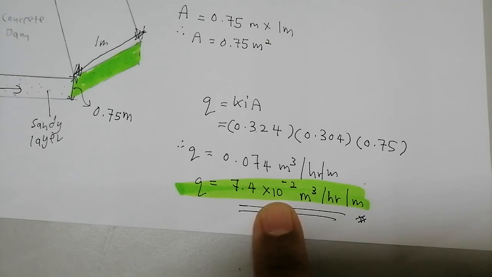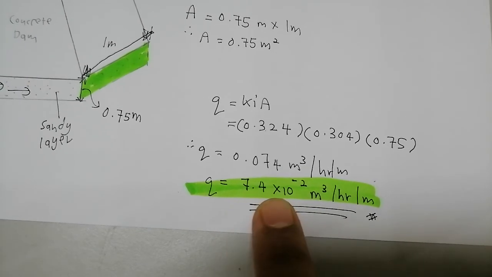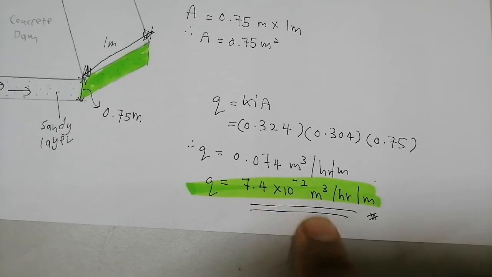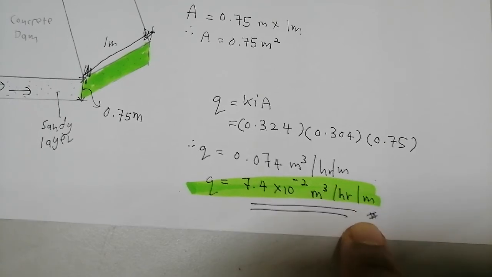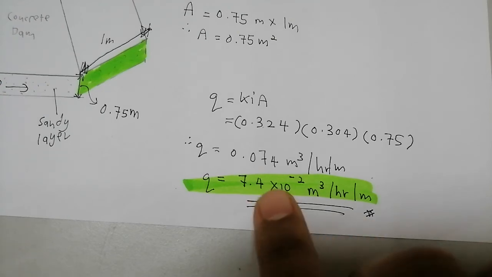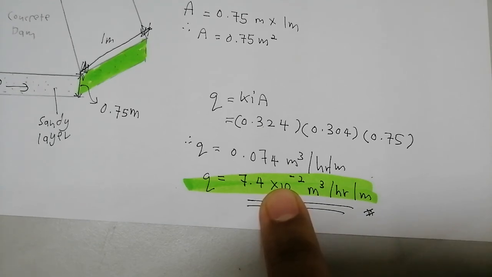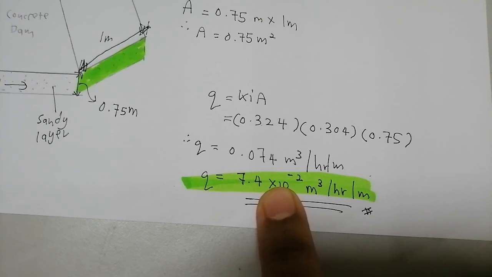Q, or the rate of seepage per unit length of the dam, is 7.4 times 10 to the power of -2 meter cubed per hour per meter. In this example, we use Darcy's law to calculate the flow of water through soil. Direct application of Darcy's law.